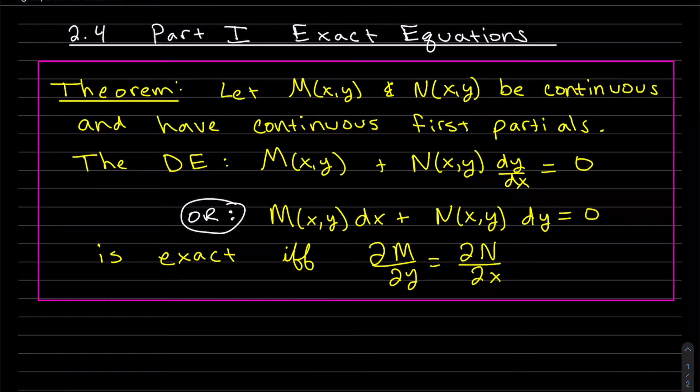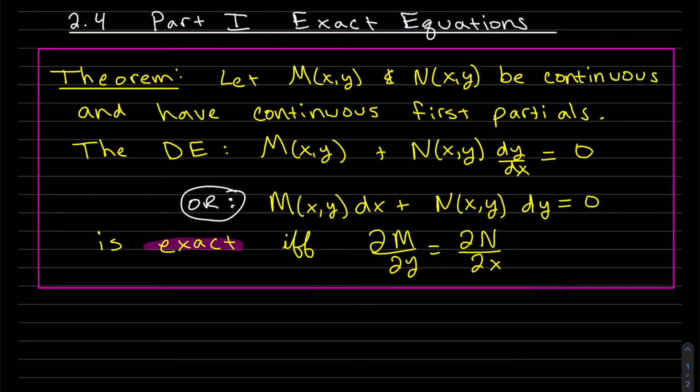The differential equation M plus N dy/dx equals 0, or it's most usually written with the differentials, M dx plus N dy equals 0, is exact if and only if the partial of M with respect to y is equal to the partial of N with respect to x.